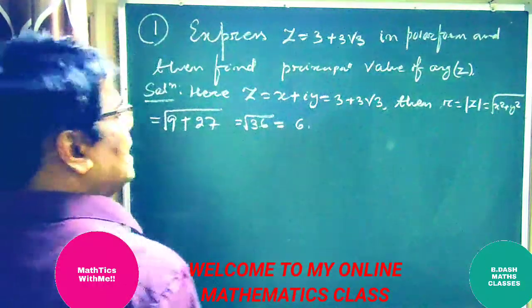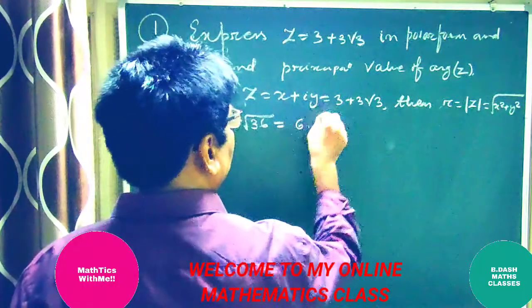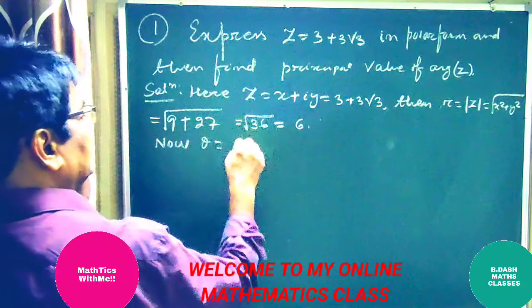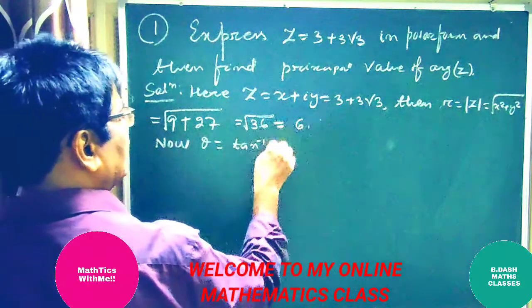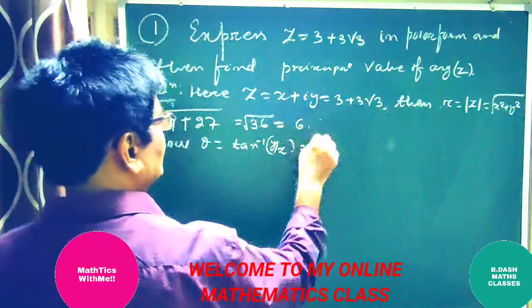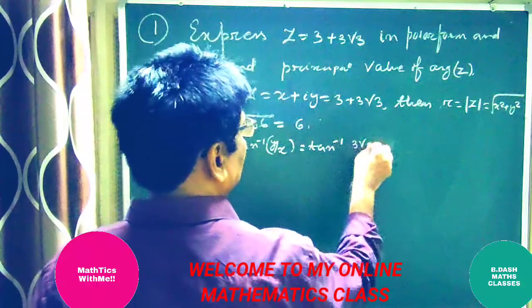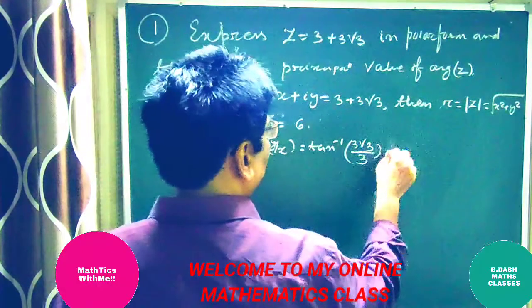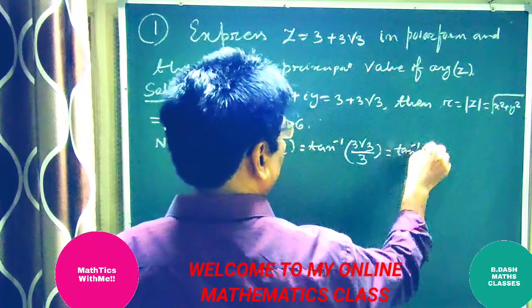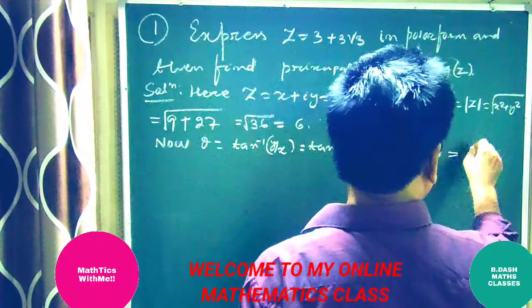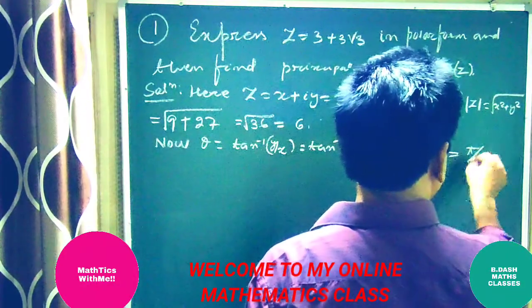So we are getting r. Now theta is equal to tan inverse y by x, which is equal to tan inverse 3 root 3 by 3, which is equal to tan inverse root 3, which is equal to pi by 3.